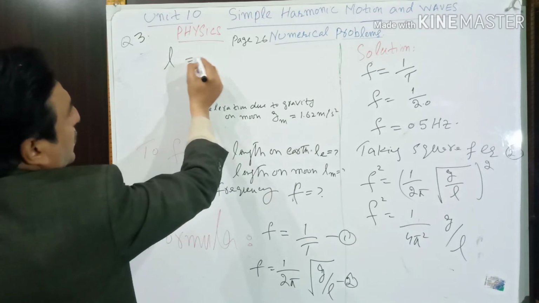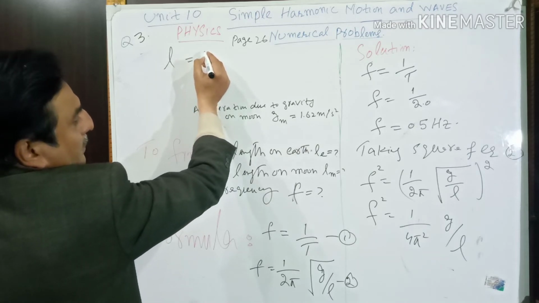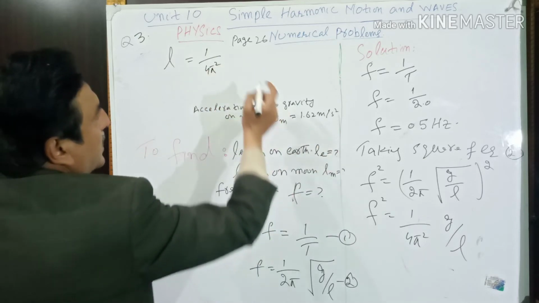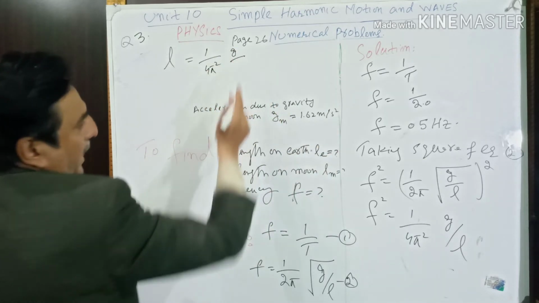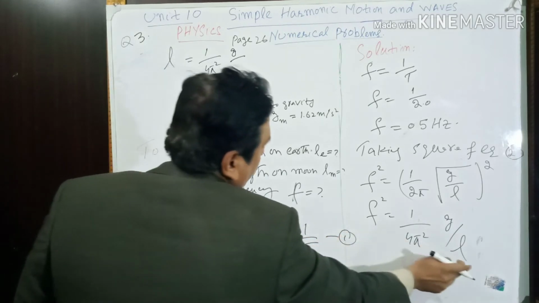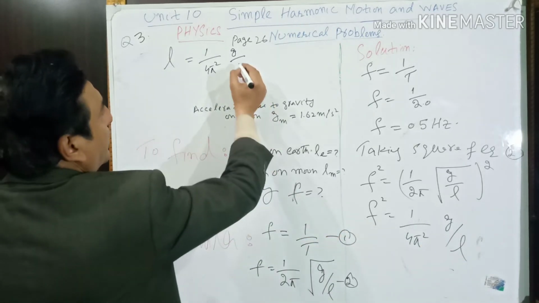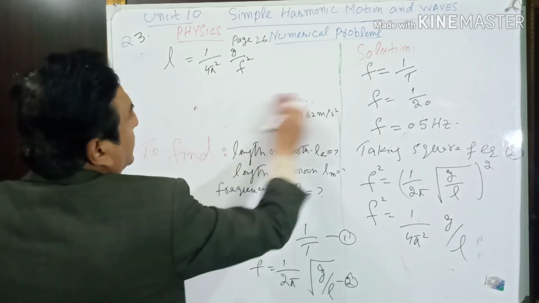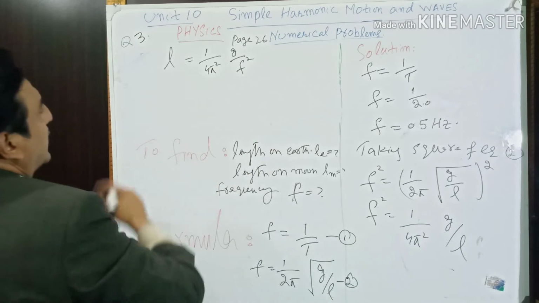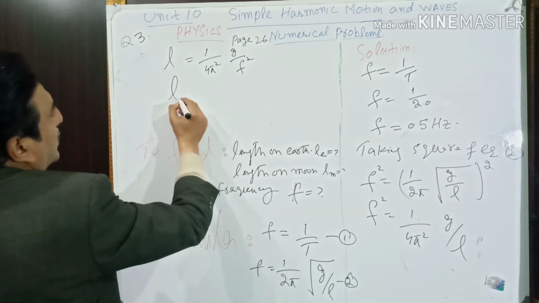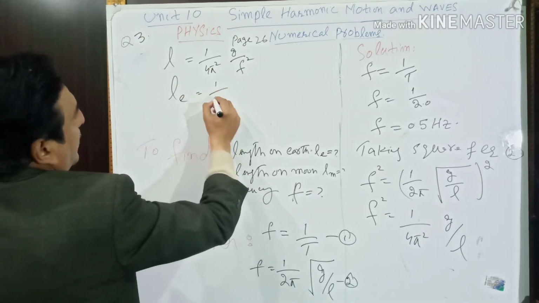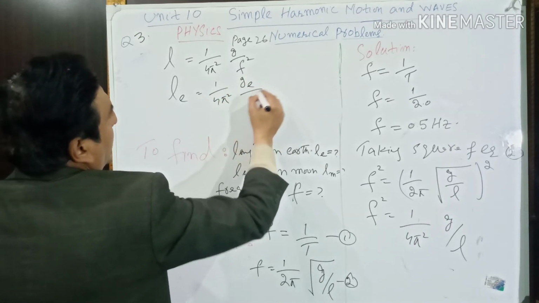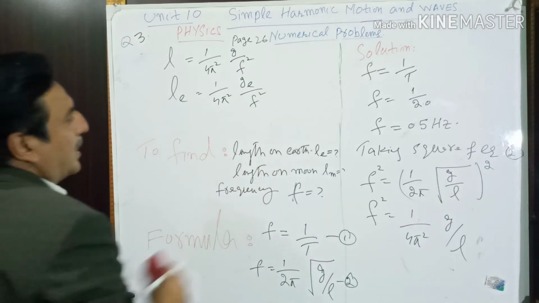L is equal to 1 by 4 pi square g, and this f square will go down. Note, find the length of pendulum on earth: 1 by 4 pi square g on earth divided by frequency square.